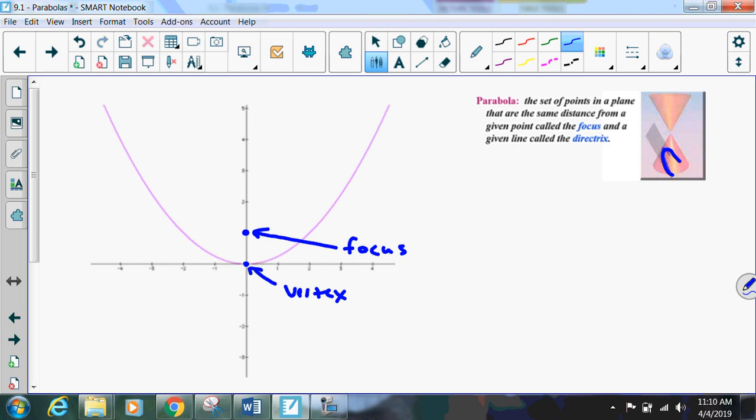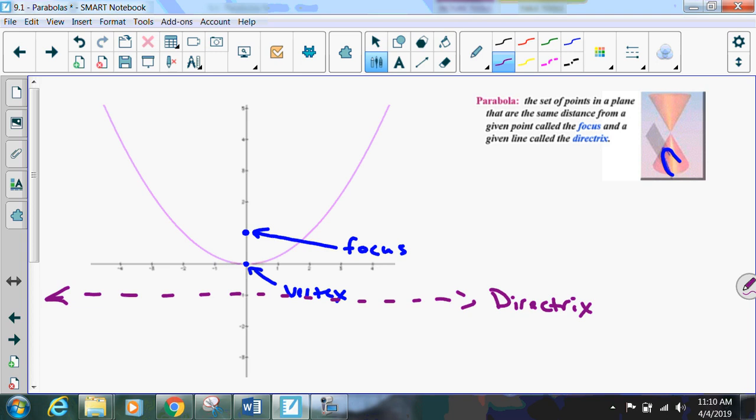And then we're also going to see something called a directrix. So when we're asked to sketch a parabola as a conic section, we're going to be asked to include the focus, the actual parabola, including the vertex, and the directrix.